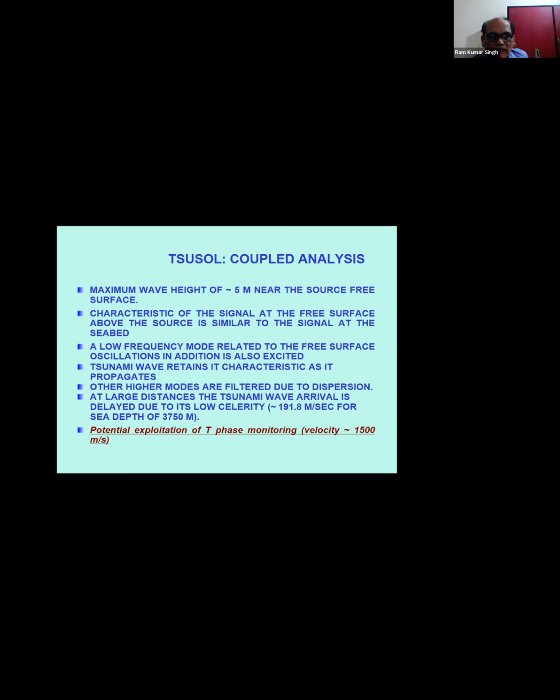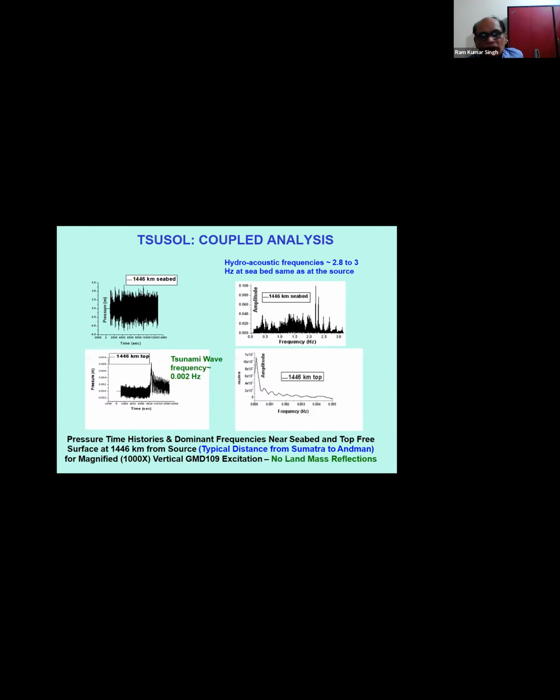So as the waves propagate, this T phase monitoring becomes very important, and that was one conclusion. And this T phase travels almost an order of magnitude faster than the tsunami wave. So that is the advantage, that one can actually sense these waves at the sea bottom, and then through some transmission it can be communicated very fast.